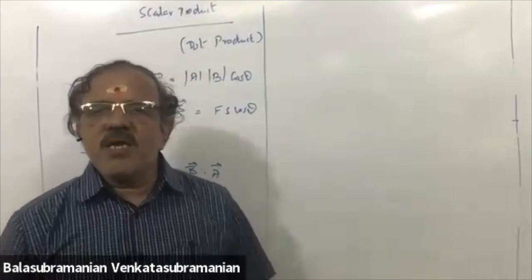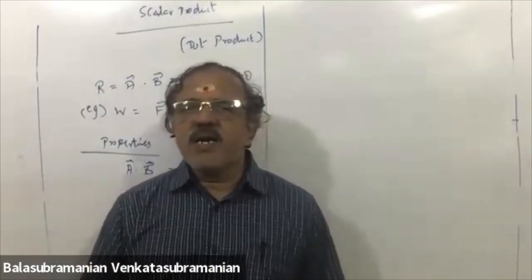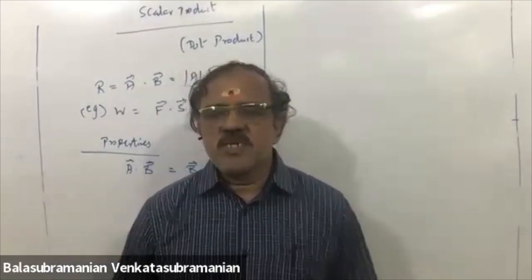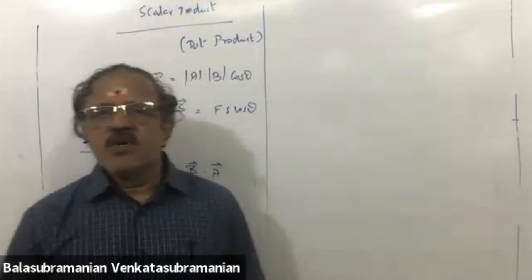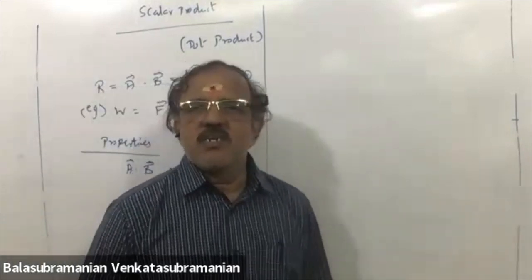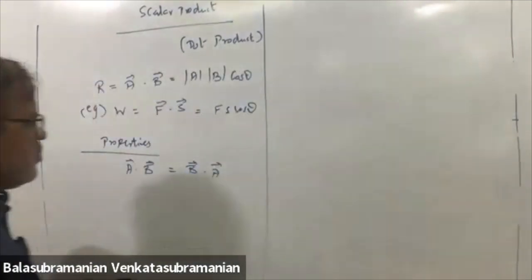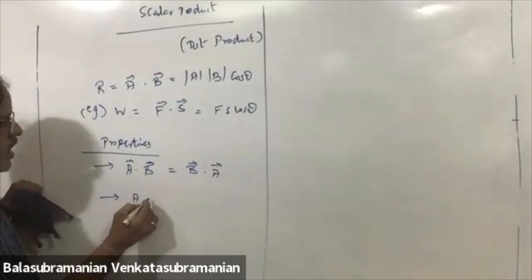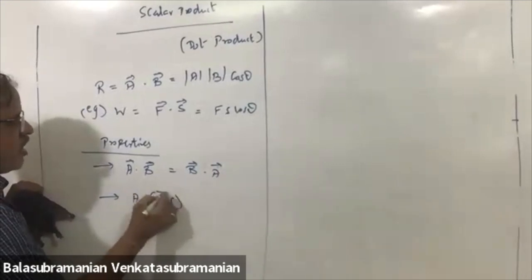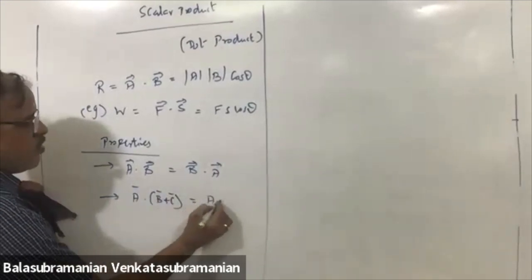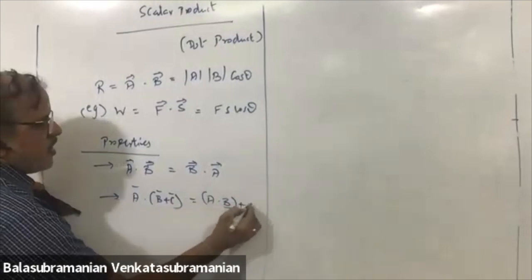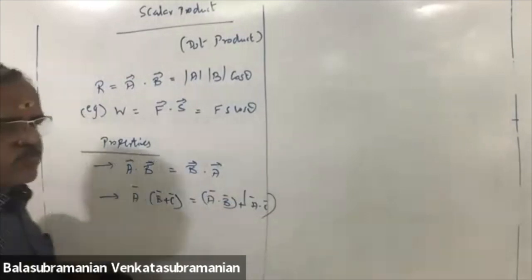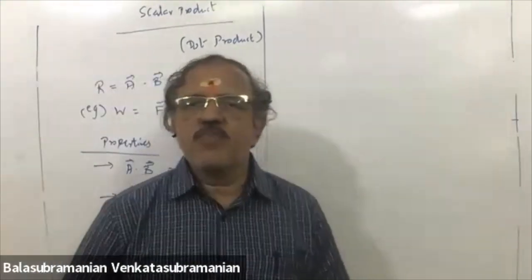So A dot B is AB cos theta, B dot A is BA cos theta. Both are same. The resultant is same. So it is commutative. A dot B plus C is equal to A dot B plus A dot C. Associative property.